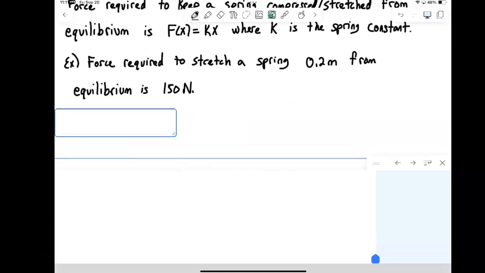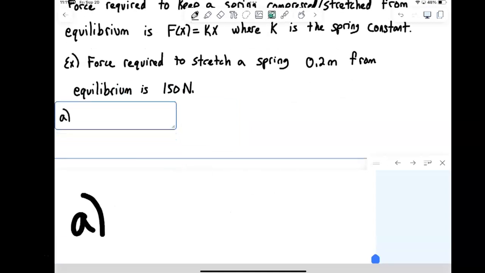All right, so the first thing we want to do here is find K.